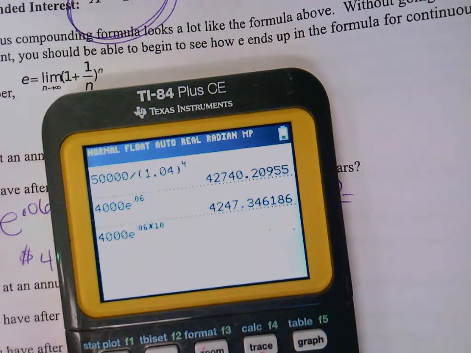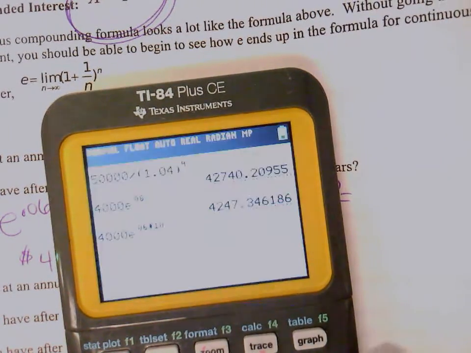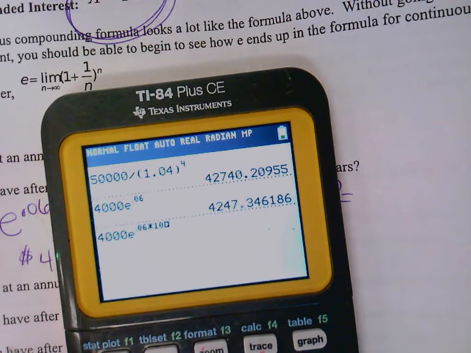And he squeezed it further and further, bigger ends, and it approached 2.7 as a multiplier, right? So $1 became $2.70. And so E is now taking into account what we call continuous interest. But it's kind of an abstract idea. It's not every day. It's more than every day.